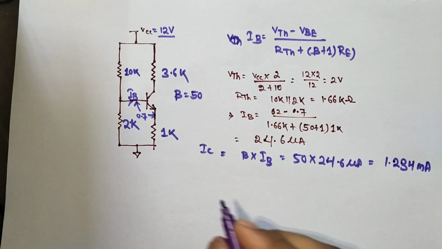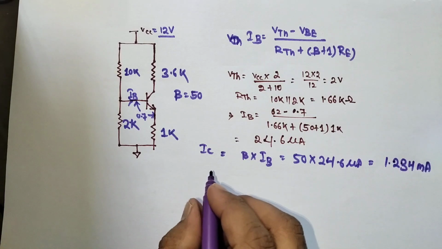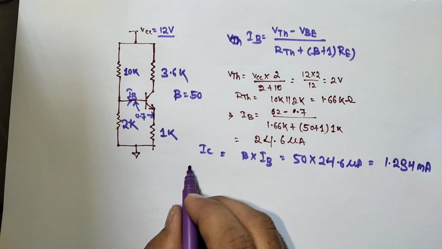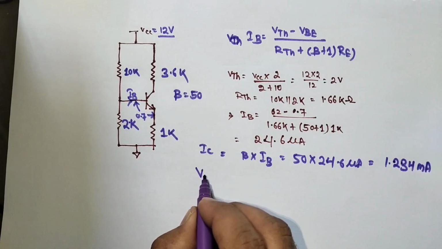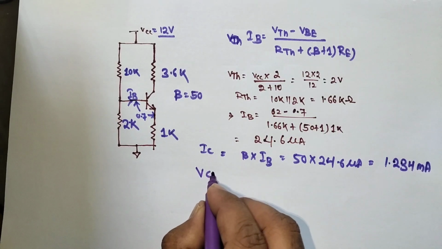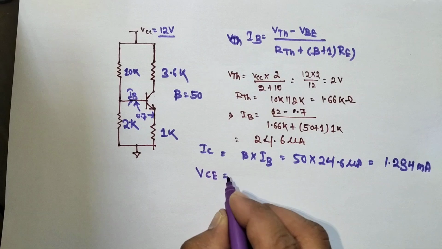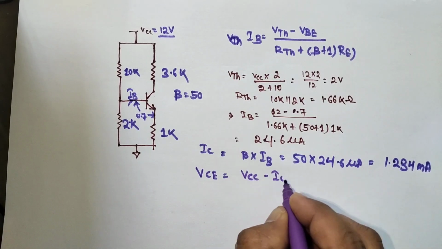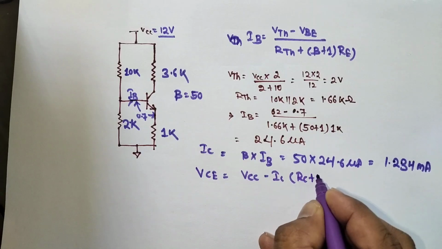Next we need to find the VCE value. That is equal to VCC minus IC into RC plus RE.